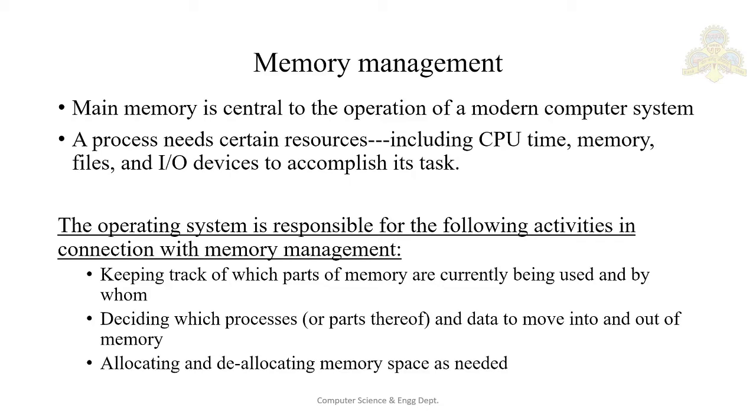Whenever a process needs certain resources for execution, like CPU time, memory, files, IO devices, so that its task can be done, and whenever you want to execute a program, it has to be brought from the job pool to the main memory, and its execution is then started.